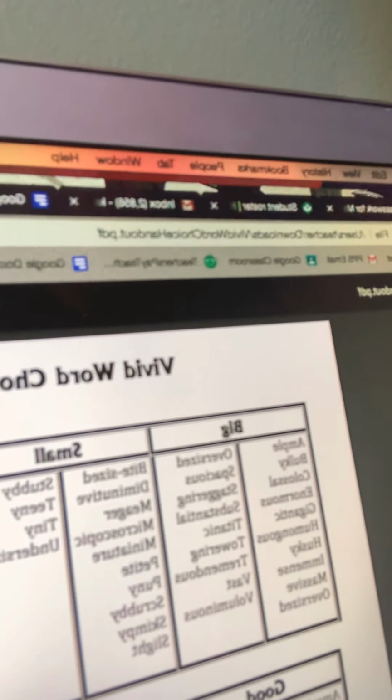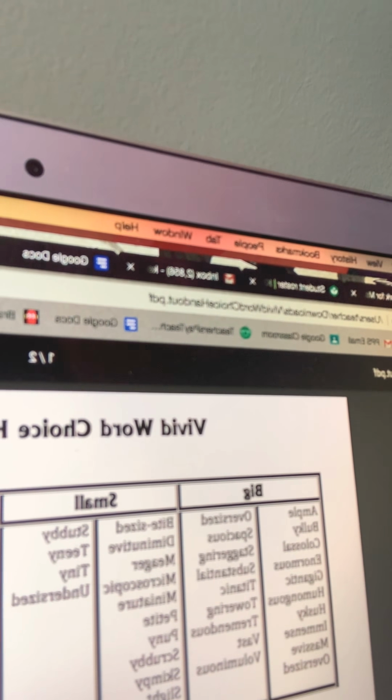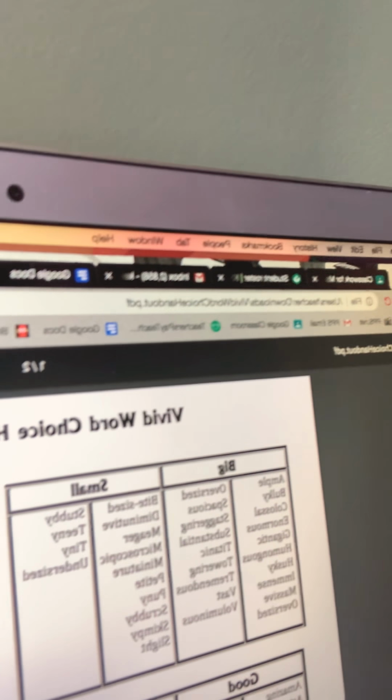I can see right here where it says small. And I can say, okay, was it bite-sized, diminutive, meager, microscopic? The microscopic dog. I would be like, oh, that was a really tiny little dog. Petite, skinny, slight, tiny, teeny. All of these words can make our papers more vivid, bring them to life.